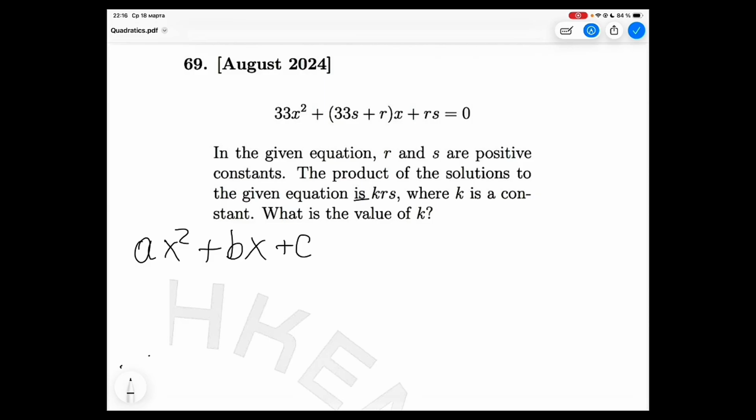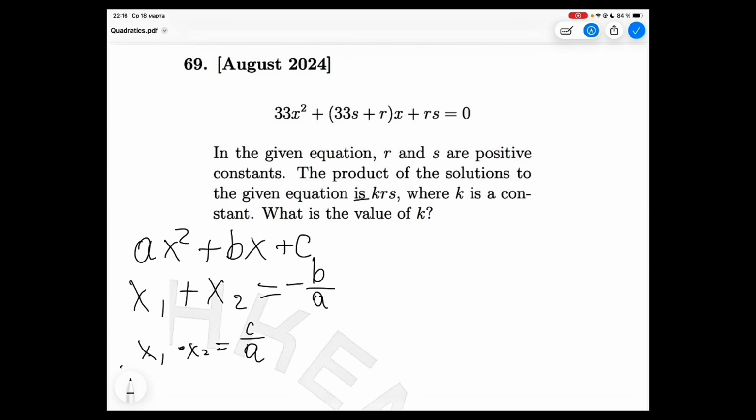In this standard form, the sum of its solutions, x1 plus x2, is equal to negative b over a. And the product of its solutions, x1 times x2, is equal to c over a.